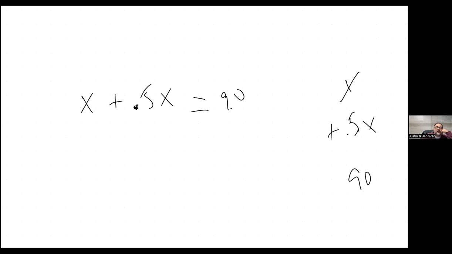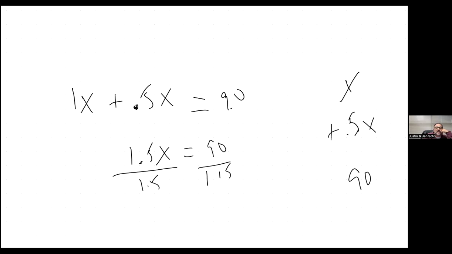Let's do it algebraically though. Ariana's getting it. She doesn't talk much, but she does math well. We'll call this 1x. 1x plus 0.5x is 1.5x equals 90. Divide by 1.5, divide by 1.5.